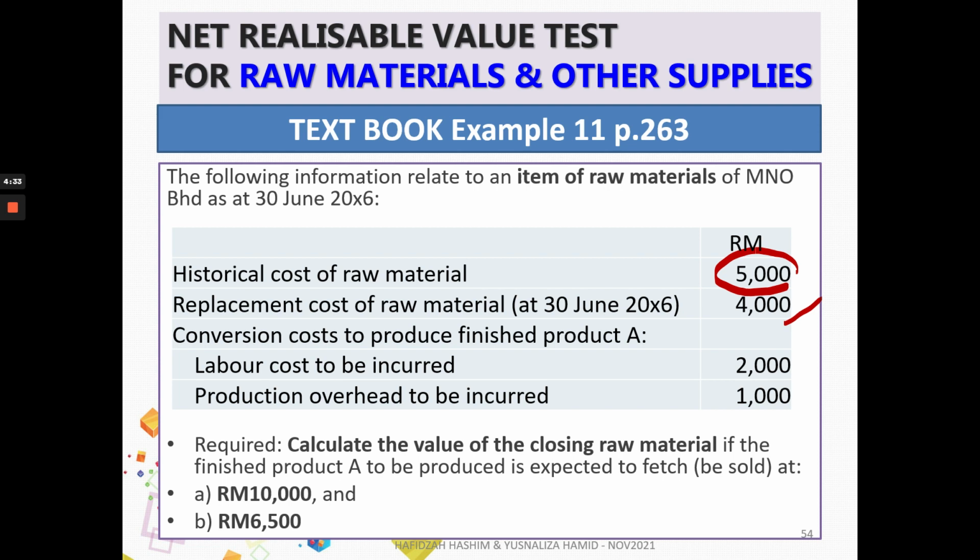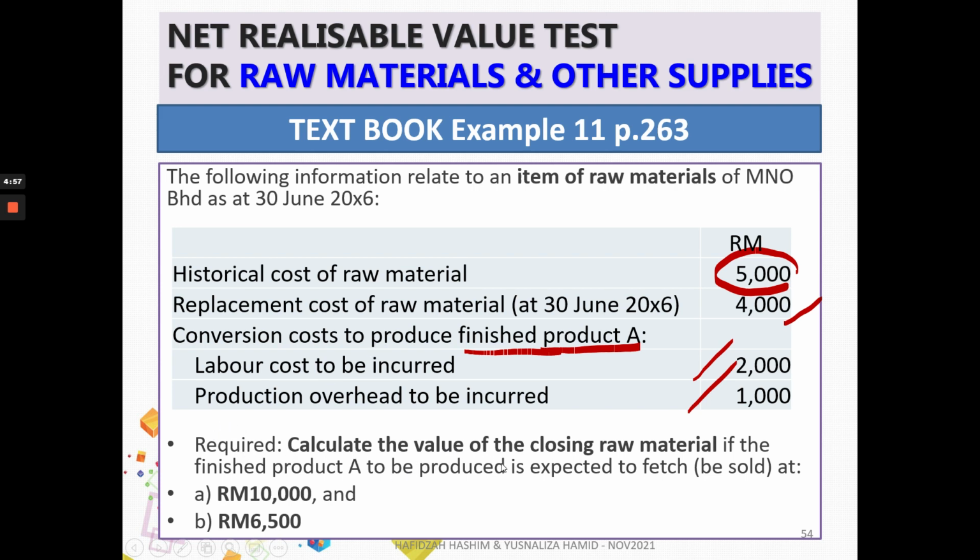And there are some conversion costs that are needed to process the raw material into the finished product A. There are some labor costs and production overhead that have to be incurred to arrive at the cost of the finished goods.